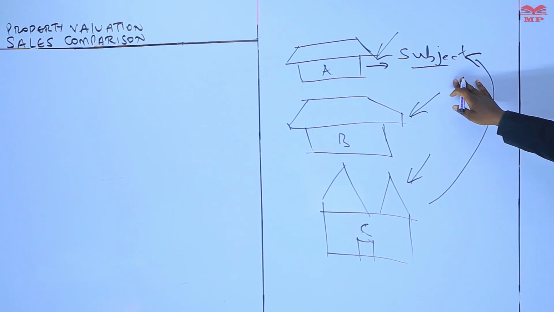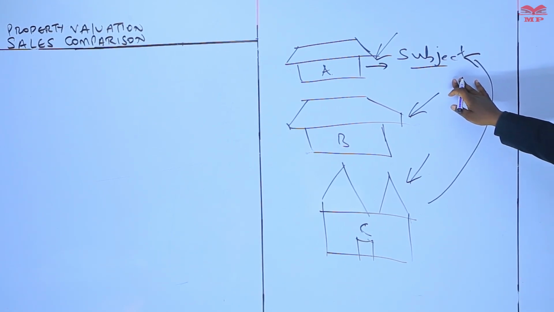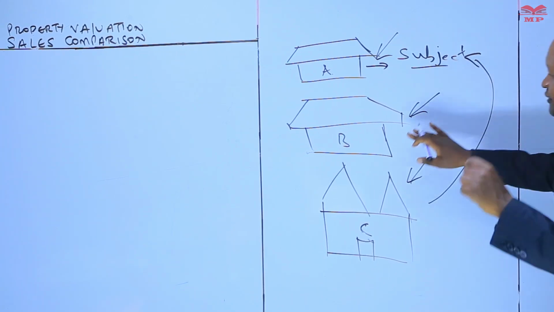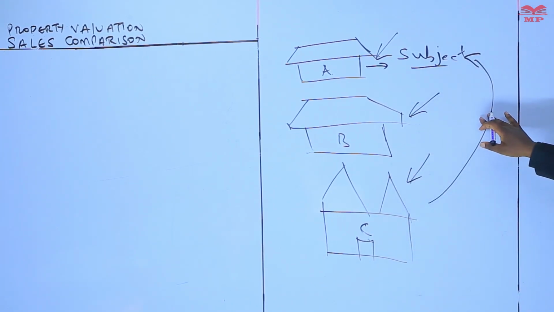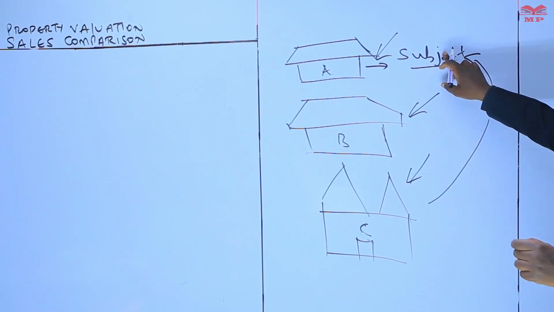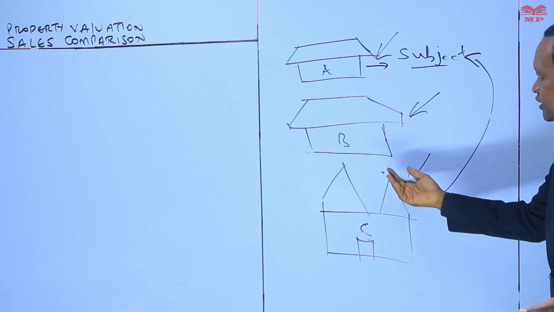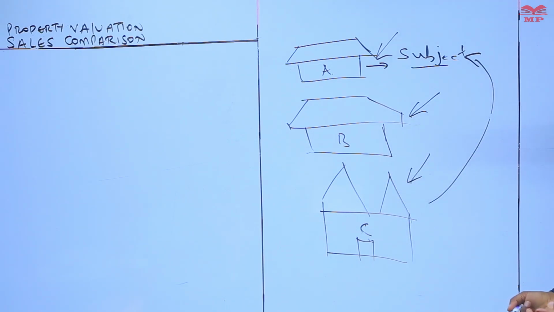The sales prices of comparable properties are adjusted to account for differences between them and the subject property. The difference could be the size of the house. The differences could be on the basis of additional features.